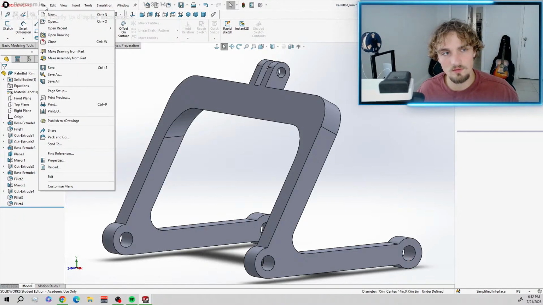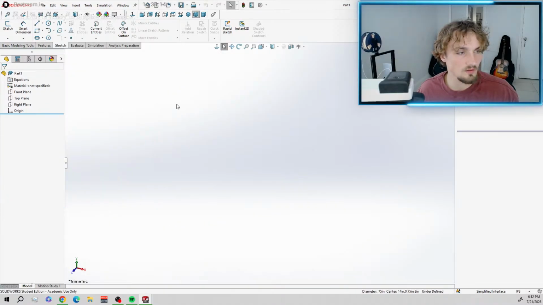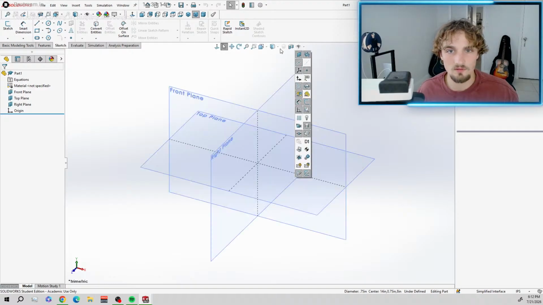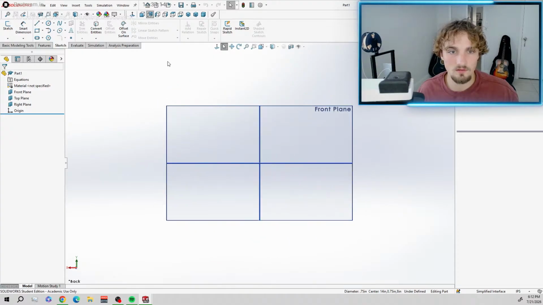So let's go ahead and start a new file. Part. Okay. Start from the right side. I need to see all of the planes looking from the right side. Front plane, right side, right plane.